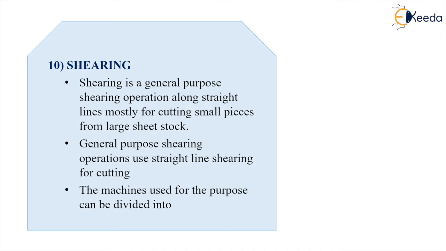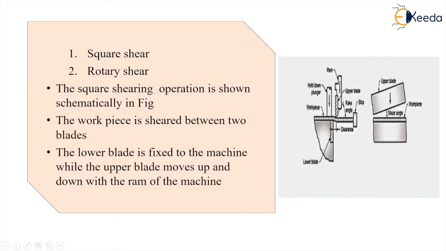As I said, general purpose shearing operation uses straight line shearing for the cutting operation. And here the machines are divided into two types. One is square shear. See here, this is a diagram for a square shear.